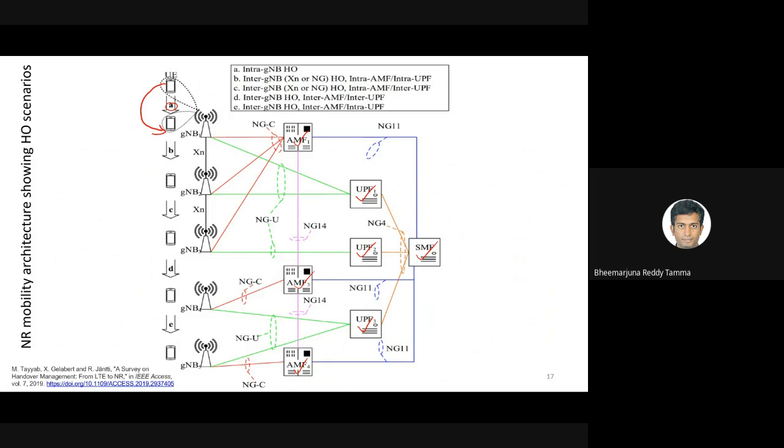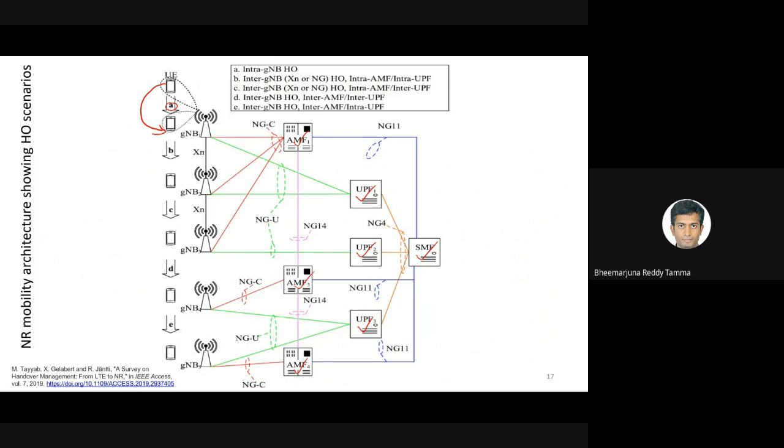Can somebody tell me what is happening in scenario A, where the user equipment is moving from the starting location to the location I'm showing in the picture? What is that shape indicating? Beam.